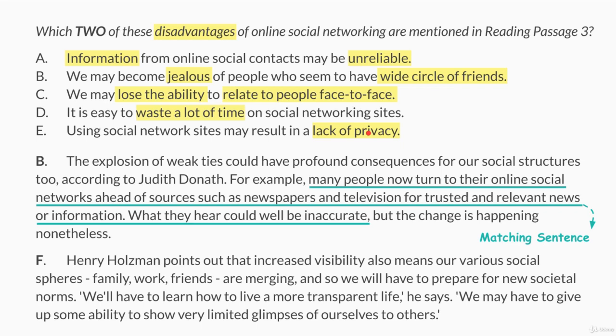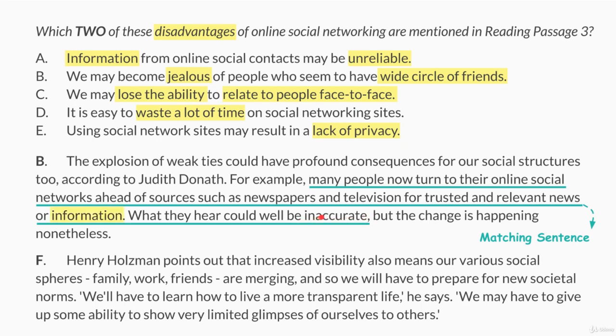So let's go ahead and see if we can find any keywords from our answer choices. Do we see anything? So over here we have the term information. So information is one of our keywords. And here we have the term inaccurate. That is the main disadvantage, that the news that people hear can be inaccurate.